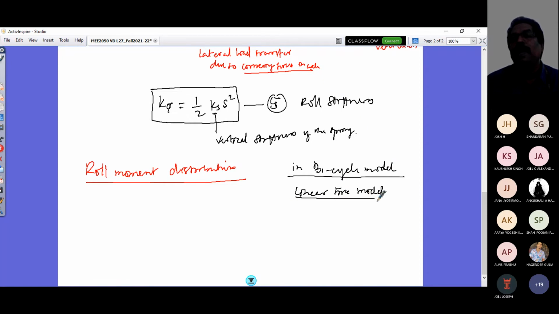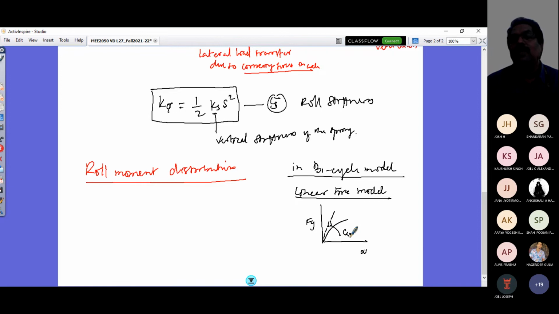What I mean by linear tire model is, I look at my Fy as a function of slip angle, and that would vary like this. But I have taken the stiffness of my tire by this slope from this point, C alpha.